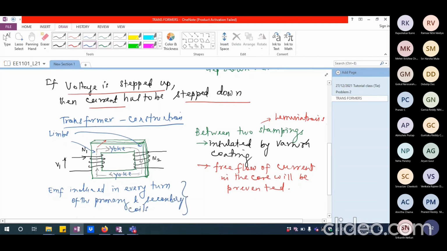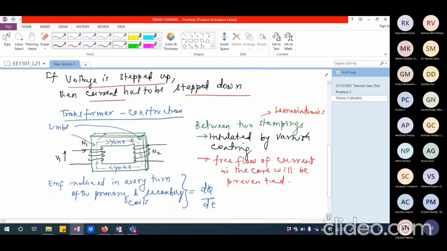If I try to write that, that will be d phi divided by dt. If I say that this flux is phi, then I am going to have d phi by dt as the induced EMF.